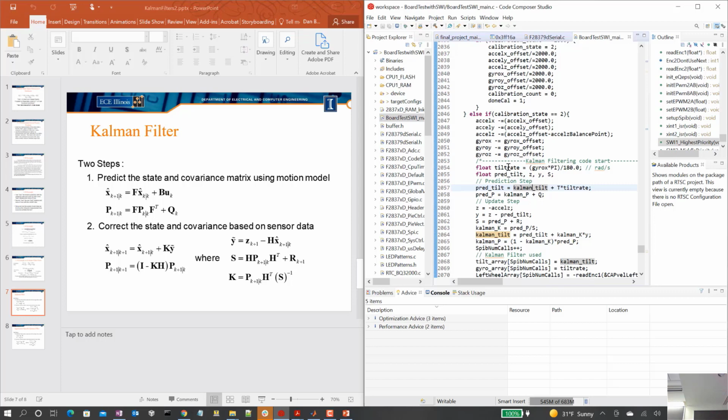Now here's my correction or update step. My measurement of this tilt, I'm assuming to be directly the accelerometer. Now, of course, if you were to calibrate the radians of that tilt measurement to actual G's of the accelerometer, you would find that the conversion between those two is very close to a factor of 1.